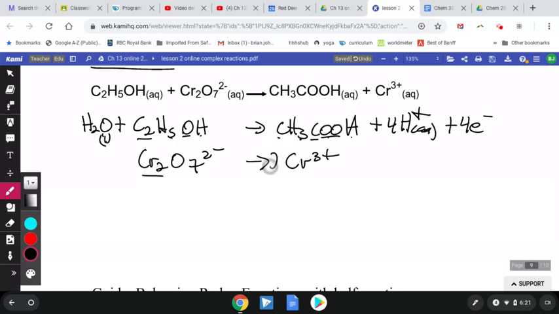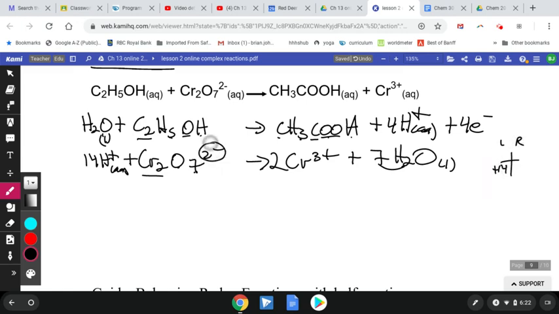Now this one's tricky. 2 chromium, 2 chromium. 7 oxygen, 7 oxygen. 14 hydrogen, 14 hydrogen. Okay, what's left? Everything's done except the charges, and this one is tricky, so I'm going to do a little chart for the left and the right. Plus 14, minus 2, so we're at plus 12.